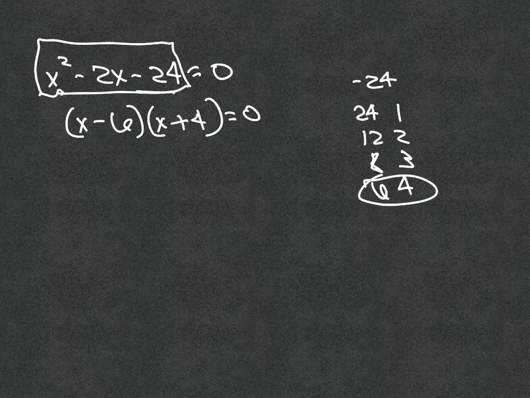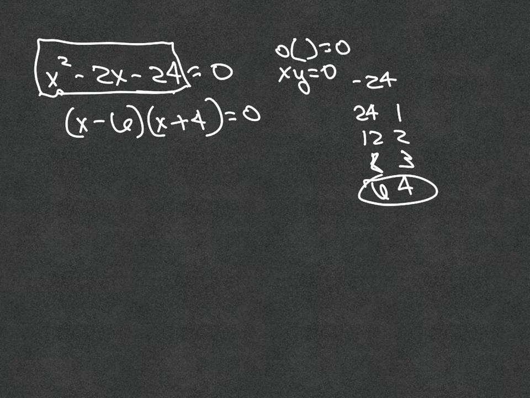Now, if you remember, what I just said is if we have two things that we're multiplying and we get 0, one of these has to be equal to 0, so that when we multiply it by the other one, we get 0. So for instance, if x is 0, it doesn't matter what number y is.